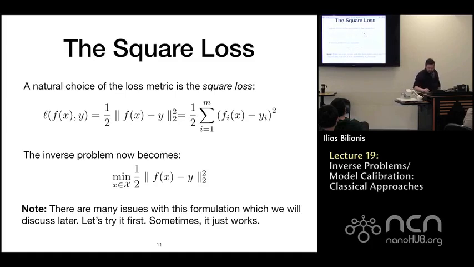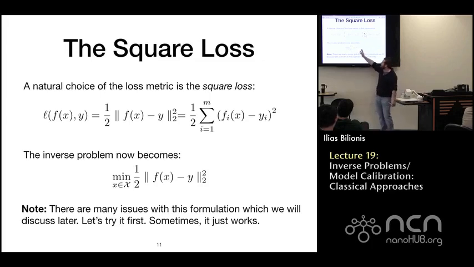Right, so the inverse problem can be formulated like this. Minimize the square error between your prediction and the experimental data. Okay? Now, of course, this is a problem that we have seen before in the very first lectures. If f of x is a linear function of x, then this is the classic least squares problem, and you can just solve it with linear algebra.